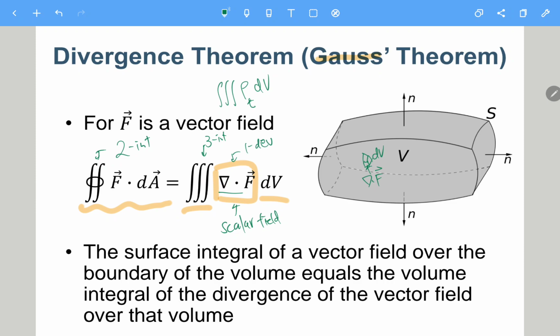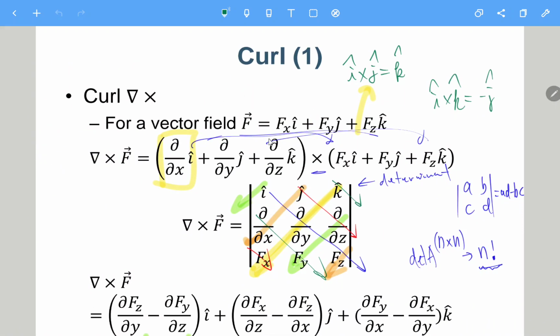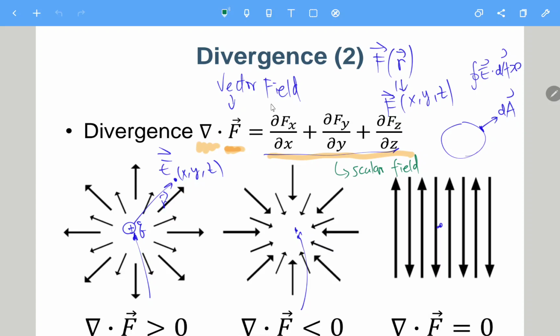Because you can see here, the divergence is a derivative, although this is a partial derivative, but it is still a derivative.